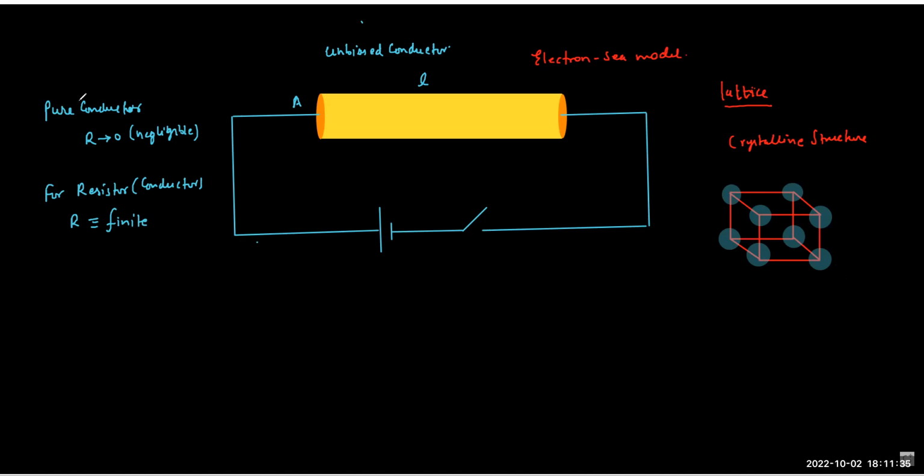I hope you know Bohr's theory a bit about it. The metal or crystalline solid does not have finite energy orbits. Rather, it has something called an energy band, which means there is a range of energy in which the electron can live or move freely.